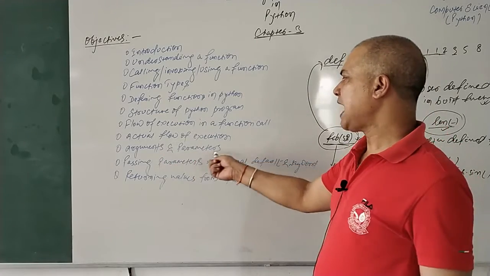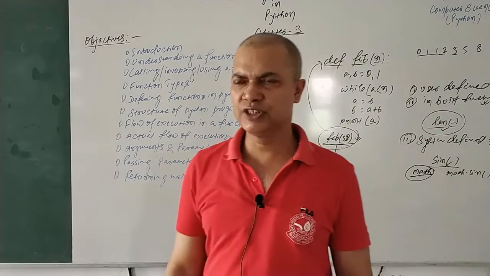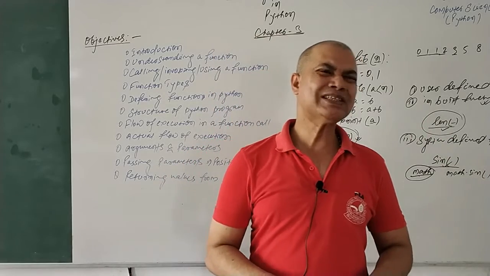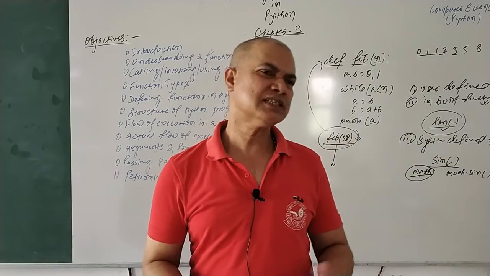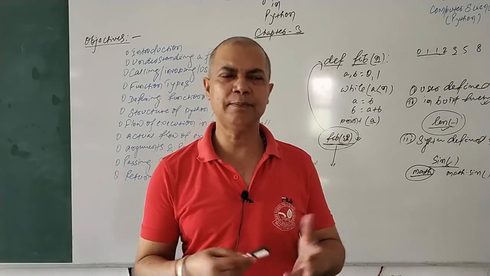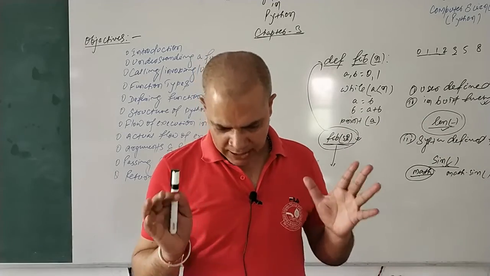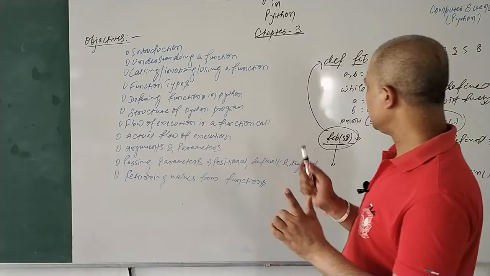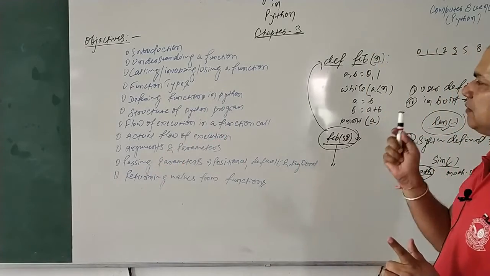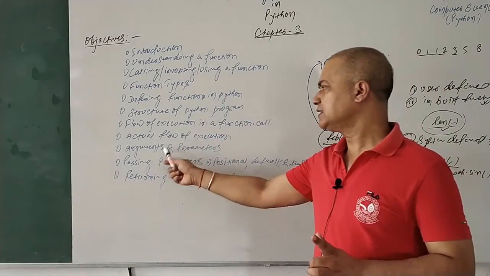Now arguments and parameters, these are two terms. Though we use them interchangeably, sometimes people use argument and parameter as the same. In Python, you have to understand what a parameter is and what arguments are.